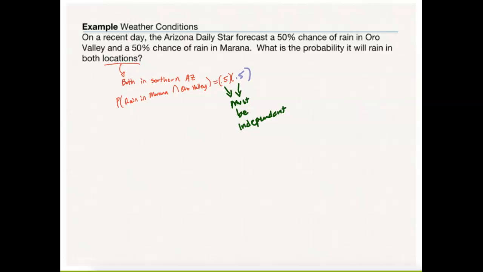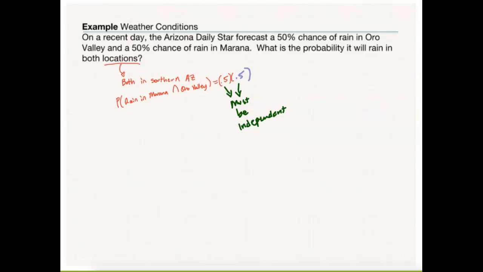But cities like Tempe and Mesa, would it be safe to say that those weather patterns are independent of each other? Is it going to be sunny and 120 in one and rainy and 60 in the other on the same day? Probably not. They're close enough that they're going to be dependent on each other. It's not safe to assume independence.